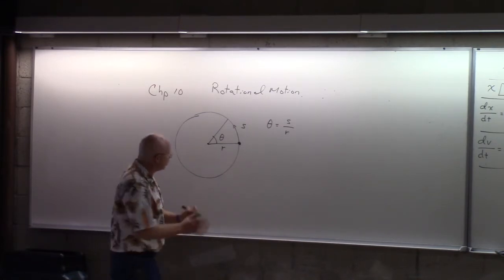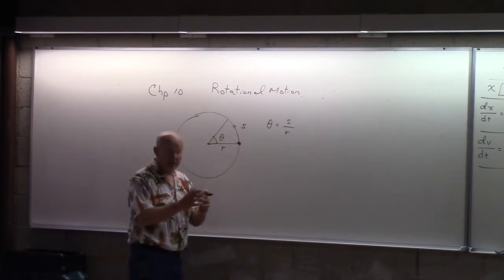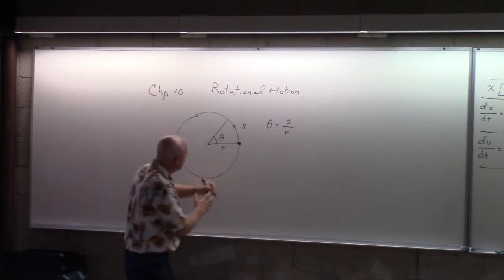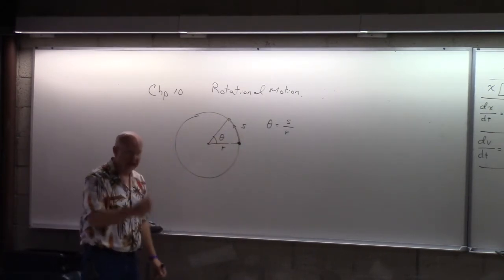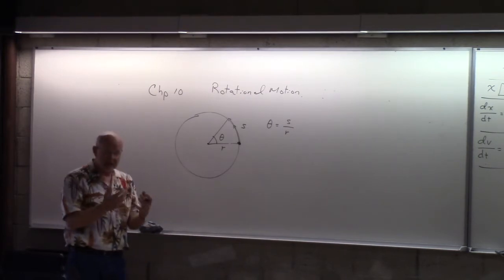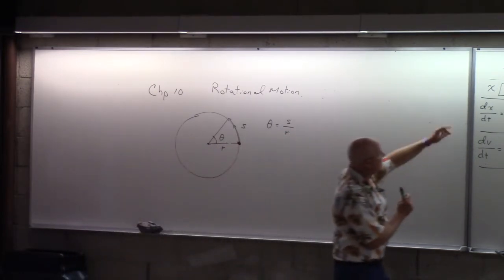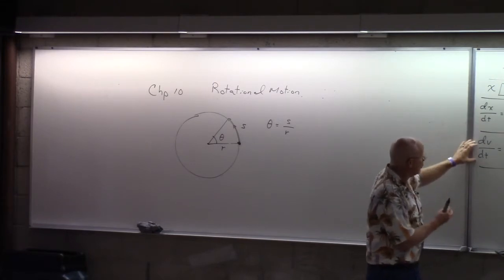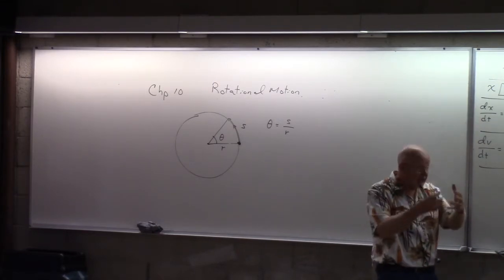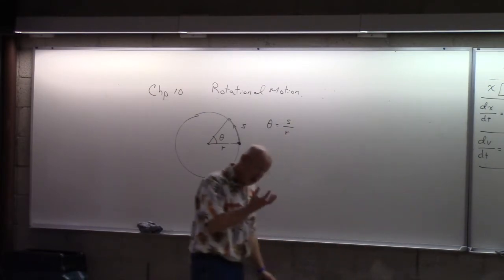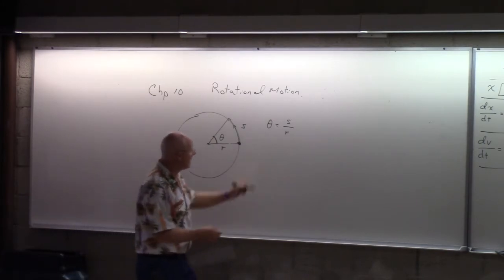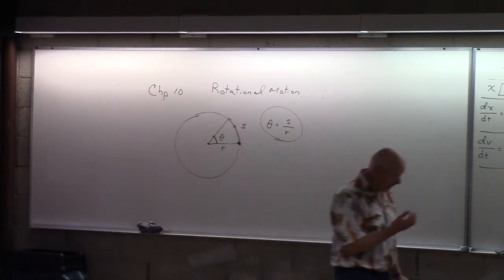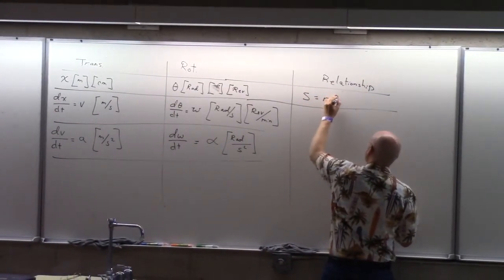And so if you're looking at some point, like I said, maybe that blue cube on the end of my wheel, you could think of that, how much distance did it travel? That's the arc length. That's the S. And if you think about it in terms of a distance, you're thinking about translational motion. You're thinking about distance, the rate of the distance change, the rate at which its translational velocity changed. But you could also think about it in terms of its angle, and of course those mathematically should be connected. And so we have a mathematical connection here that says the arc length is equal to the radius times the angle.